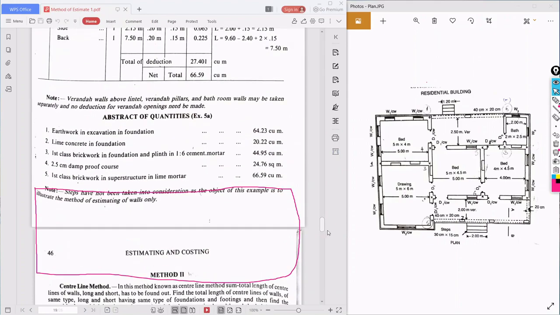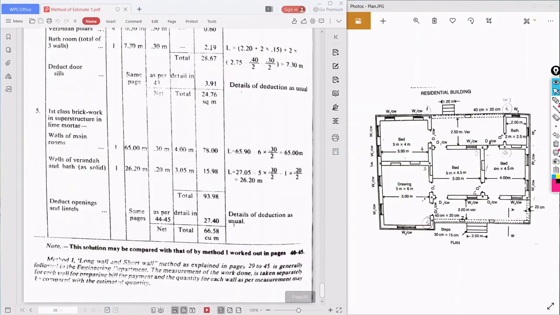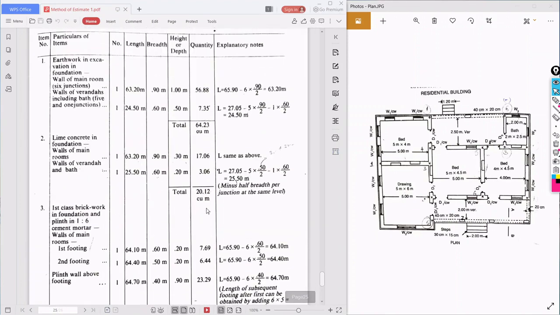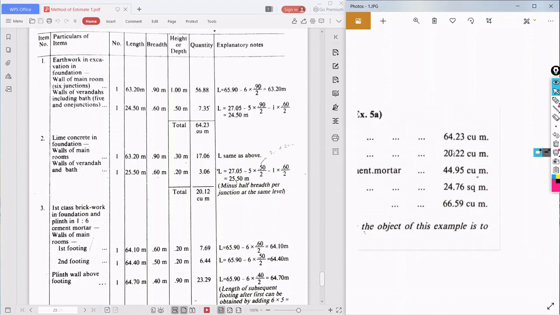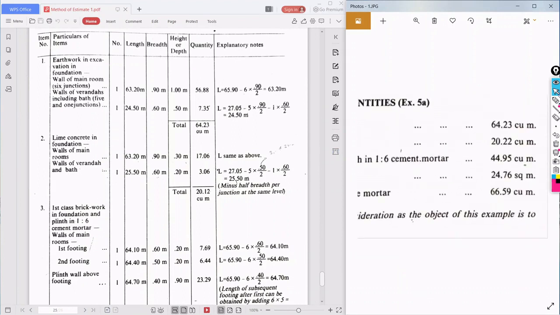See now. Earthwork in excavation, how much is this? 64.23. Here also 64.23. What is the lime concrete? 20.12, here 20.11. A slight difference is there, no problem.